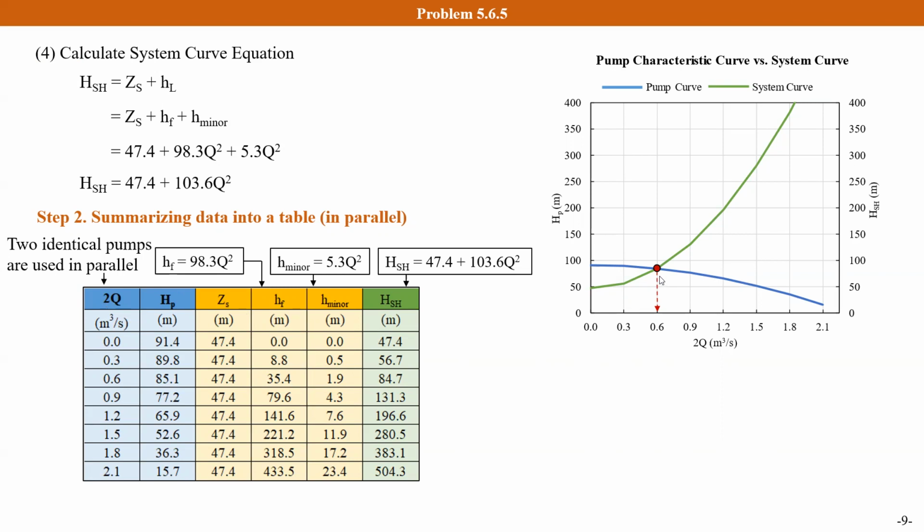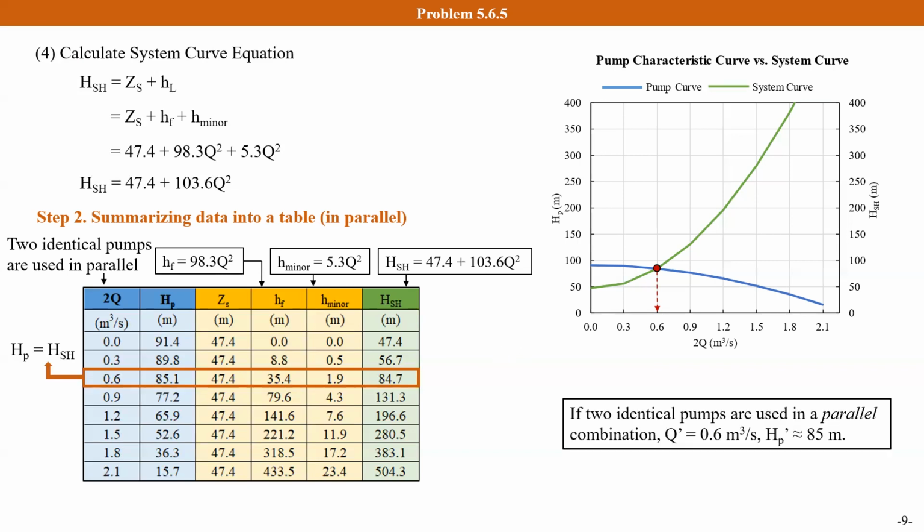In the plot, we can find that when the total flow rate equals 0.6, the pump head equals the system head. Therefore, the total flow rate Q prime equals 0.6 cubic meters per second, and the pump head is close to 85 meters.